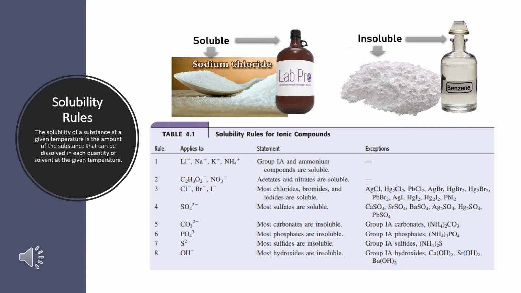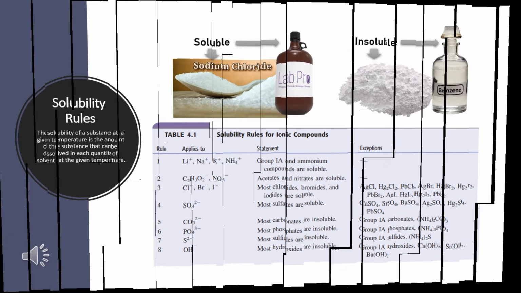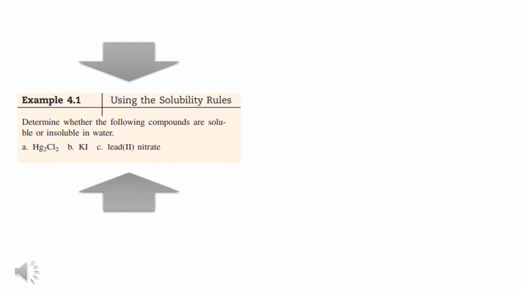So I will give you an example to illustrate how to use these rules. We have here: determine whether the following compounds are soluble or insoluble in water. Letter A, mercury chloride. Letter B, potassium iodide. Letter C, lead nitrate.